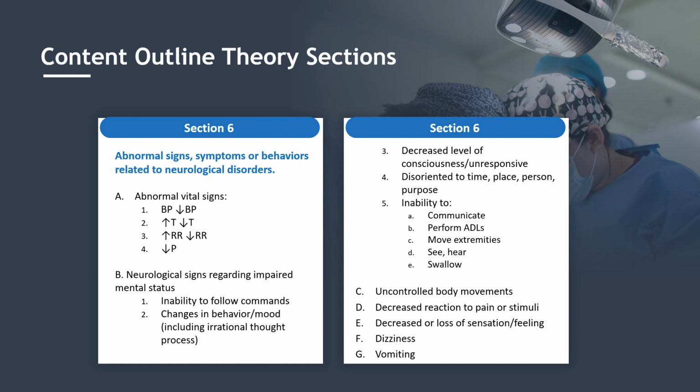Neurological signs regarding impaired mental status, such as the ability to follow commands, changes in behavior or mood, decreased level of consciousness, such as being unresponsive, disoriented to time, place, person, or purpose, the inability to communicate, to perform ADLs, move extremities, see, hear, or swallow, uncontrolled body movements, decreased reaction to pain or stimuli, decreased or loss of sensation or feeling, dizziness, and vomiting.